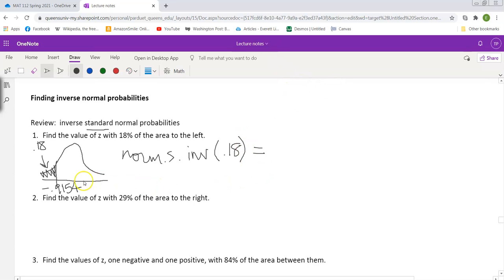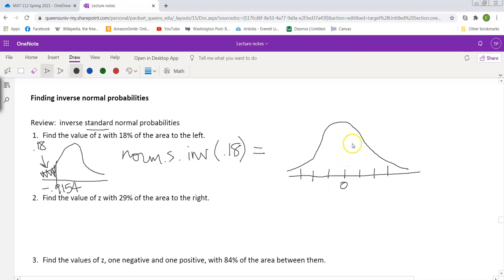So if we were looking at that, I had to draw this separately because when we started sketching over here we didn't know where that was going to fall. So there's 0, 1, 2, 3, and there's negative 1, negative 2, negative 3. This is going to be almost at negative 1.